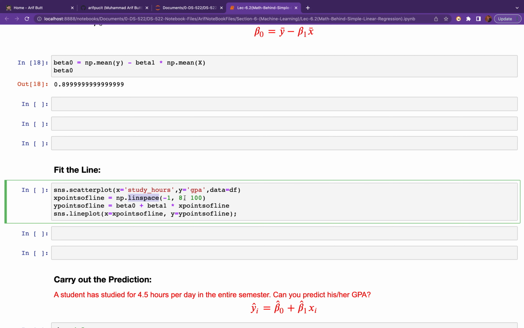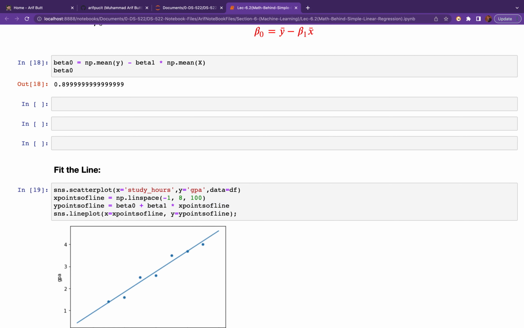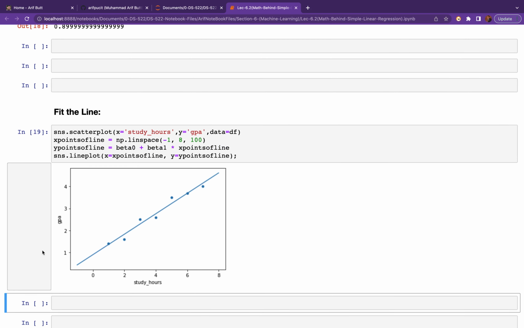To generate the corresponding 100 y points, I have used the equation y is equal to beta naught plus beta 1 x. Finally, I have called the line plot method with these x, y points, and let me execute it. So this is the best fit line. We got it.